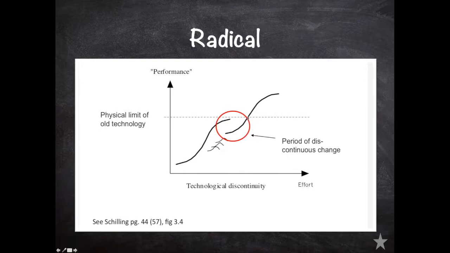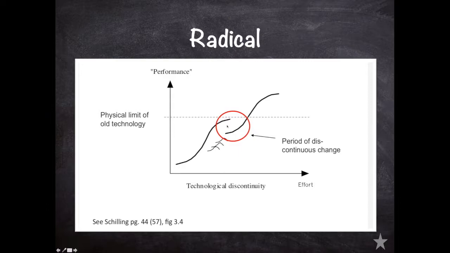And that technology is able to surpass the physical limit of the old technology. And according to this theory, that new technology will reach its own physical limit of the performance. So that will be here, and then something new might come here, and then we'll have multiple S-curves.